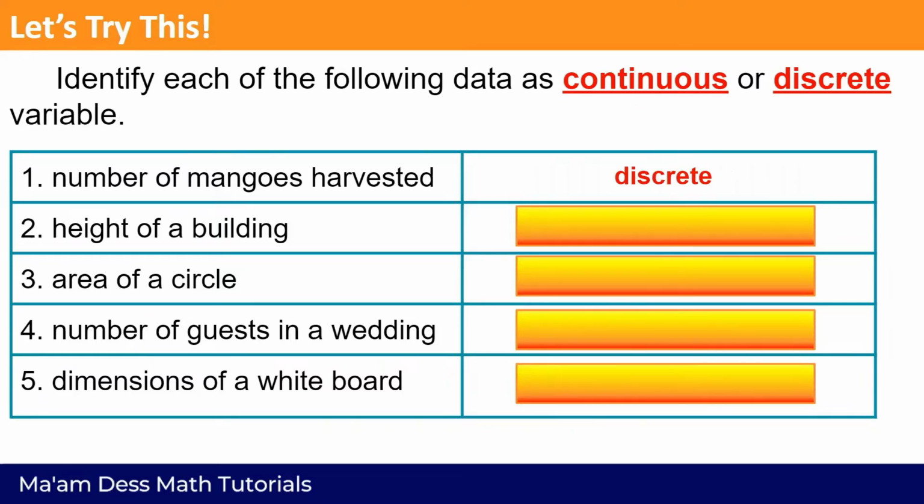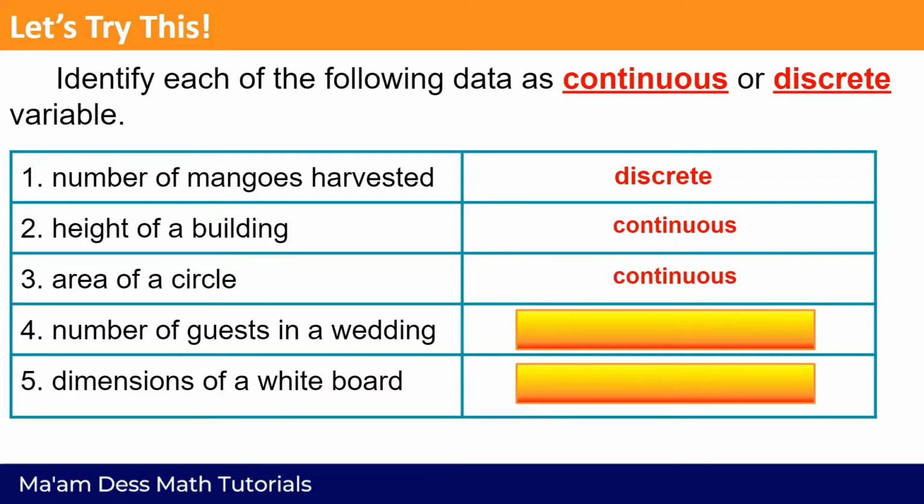Can you count or can you measure? Continuous, since we can measure the height of a building. Next one, area of a circle. Of course, you will measure, right? You must have the measurement. So it is continuous.